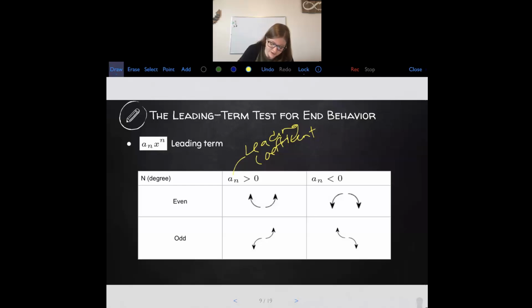If our leading coefficient is negative, it's going to be frowning if we've got an even degree. With an odd degree, it's kind of doing this squiggle, and then it goes the opposite way if our leading coefficient is negative. This is a table that you'll want to make sure you have in your notes. It's how we are going to determine end behavior.